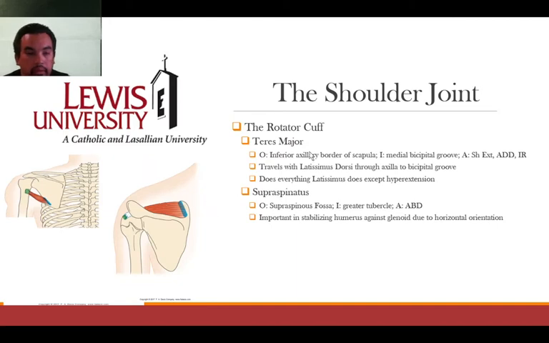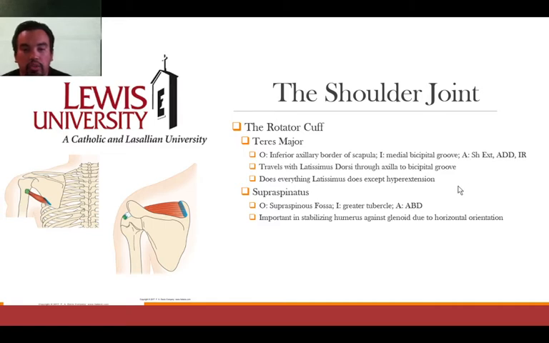Then we have the rotator cuff muscles. An easy way to remember them is through the acronym SITS. Okay, so we have the supraspinatus and teres major, or that teres major here. That's the S and the T. So the teres major originates at the inferior axillary border of the scapula, and it inserts at the medial bicipital groove.